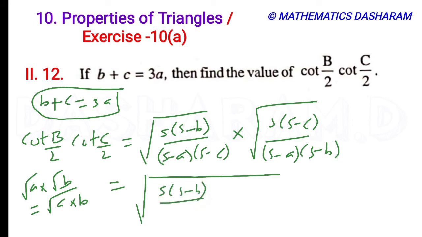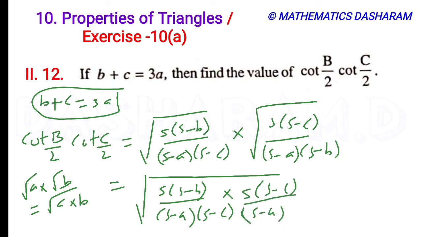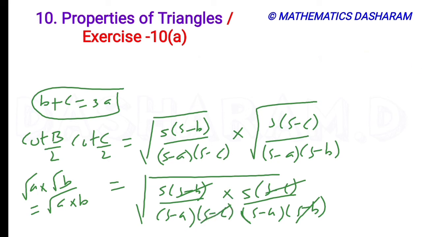So s into (s minus b), over (s minus a) into (s minus c), into s into (s minus c), divided by (s minus a) into (s minus b). So here s minus b cancels, s minus c cancels. So then it is equal to s into s squared, and the denominator is (s minus a) into (s minus a), so overall s by (s minus a), whole squared, under root.